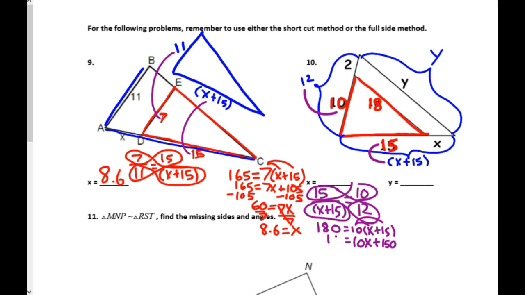Bring down 180. Subtract 150. 30 equals 10x. Then we divide by 10 and we get x equals 3.